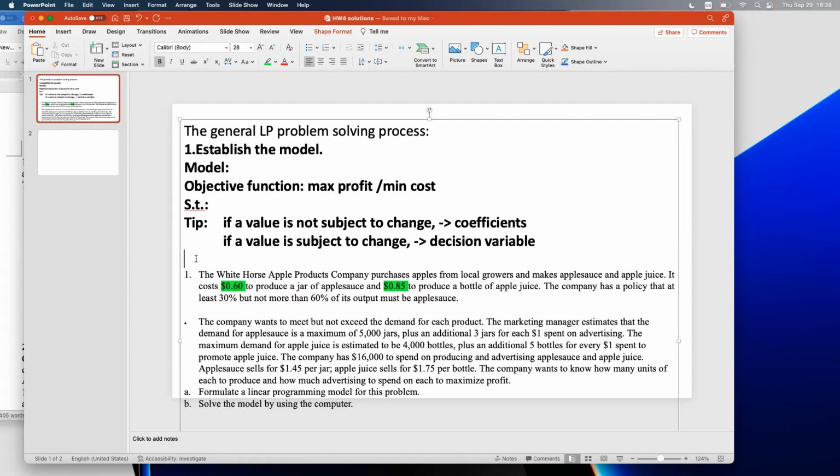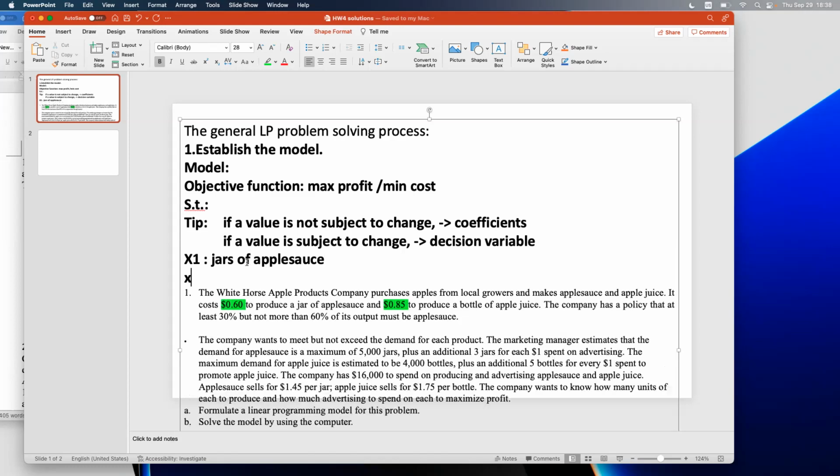If we use x1 to represent the number of jars of applesauce, and we use x2 to represent the number of bottles of apple juice, that's the decision variables.